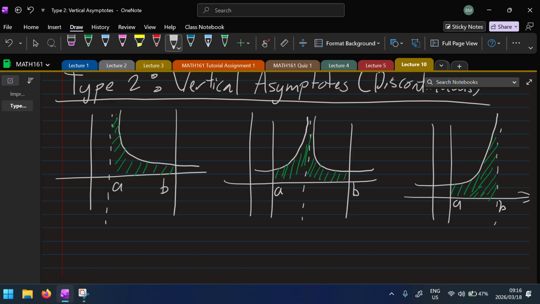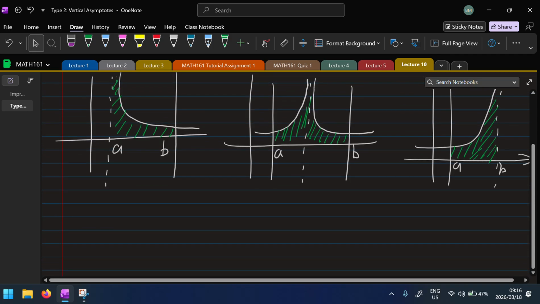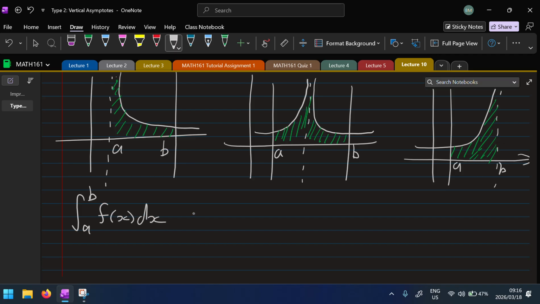In other words, somewhere on that interval from A to B, we have an asymptote. So in these cases, there's one. There might be more, okay, but there are some asymptotes on that interval. So we have the integral from A to B, f of x dx, where we have at least one asymptote.